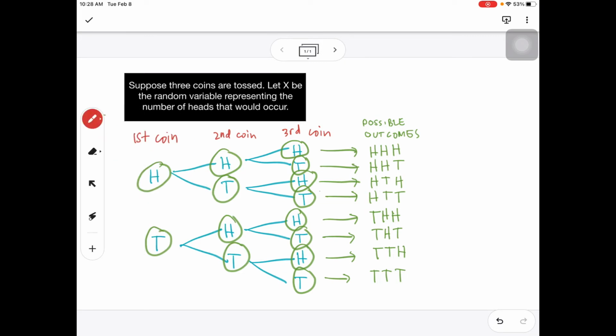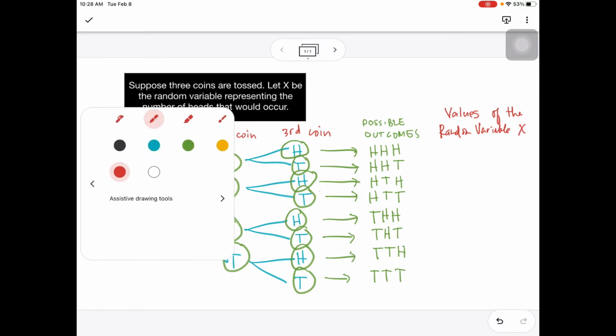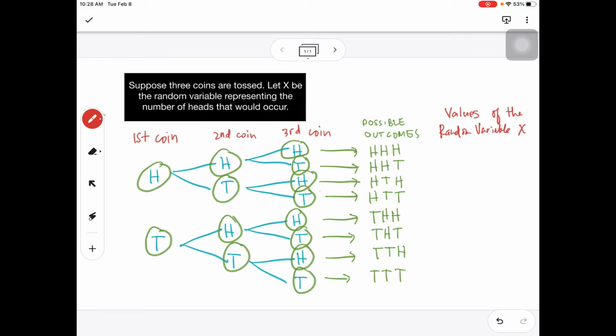Next step is for us to write the values of the random variable x. The corresponding value of the first outcome for the random variable x, which represents the number of heads that would occur, is 3 because there are 3 heads.